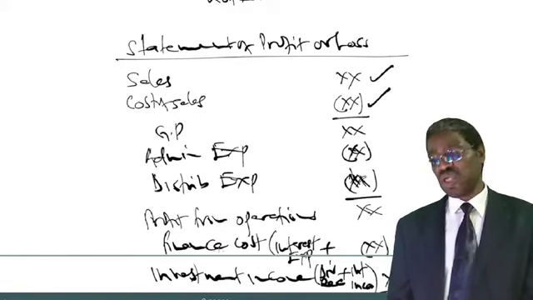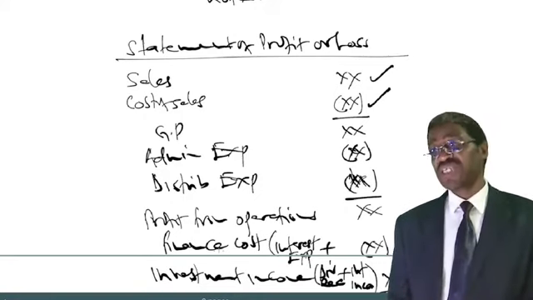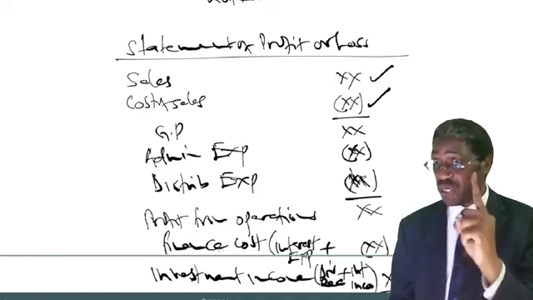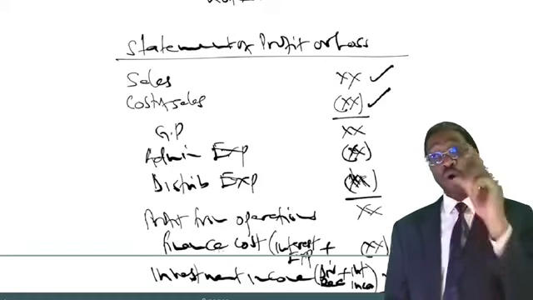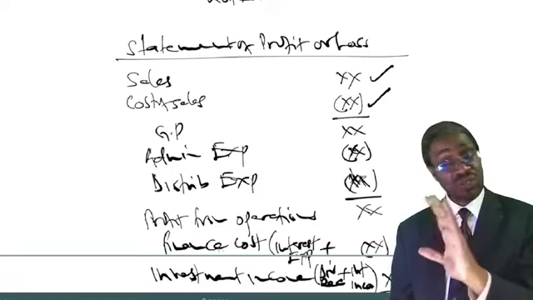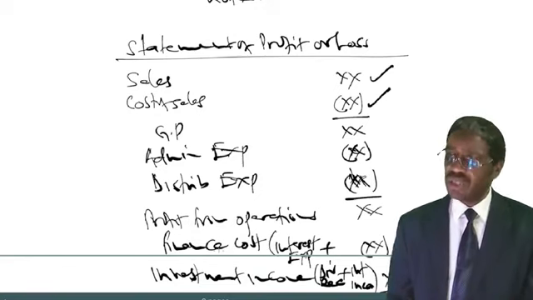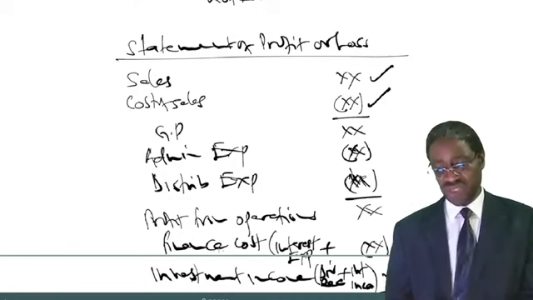I told you, calculate that figure called cost of sales somewhere and bring it as a single amount. We have mentioned that key important point, that you don't show the workings of the cost of sales on the face of the income statement.